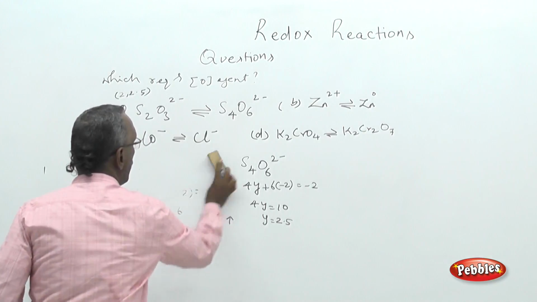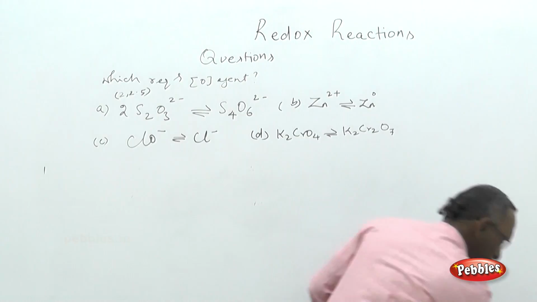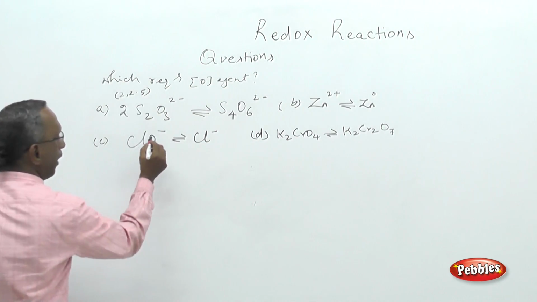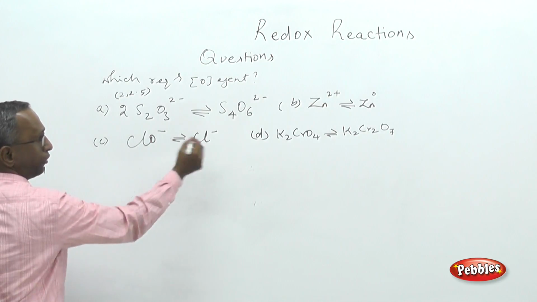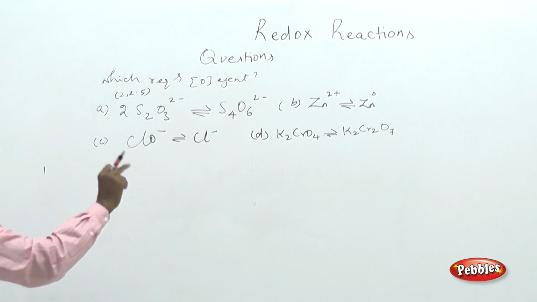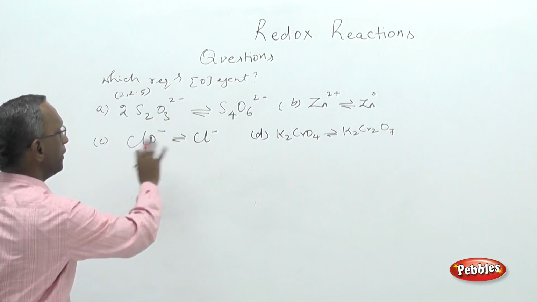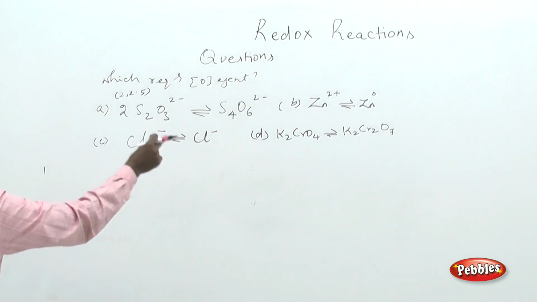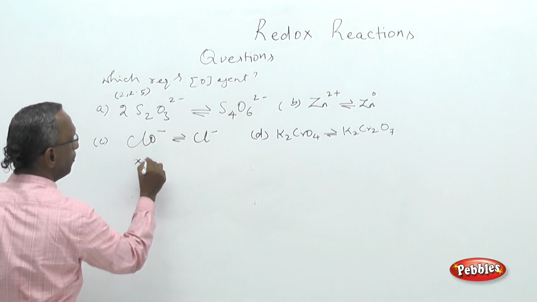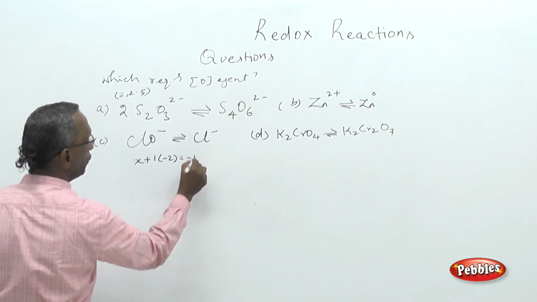However, we have to eliminate the other two choices by testing the respective oxidation states. Let us calculate for chlorine in hypochlorite, because chlorine is the common species in the reactant and product. The next question may arise: why not oxygen, and so forth? Whenever there is a common species, it is sufficient to compare its oxidation state. So chlorine x plus one oxygen times minus 2 equals the total charge, minus 1.